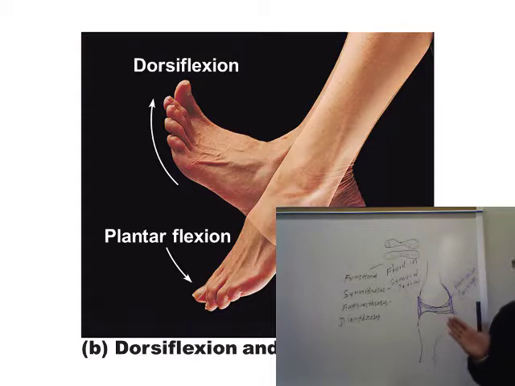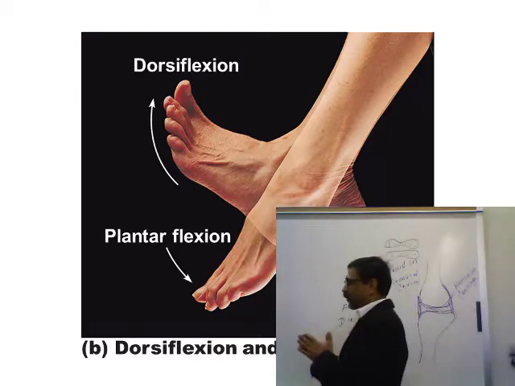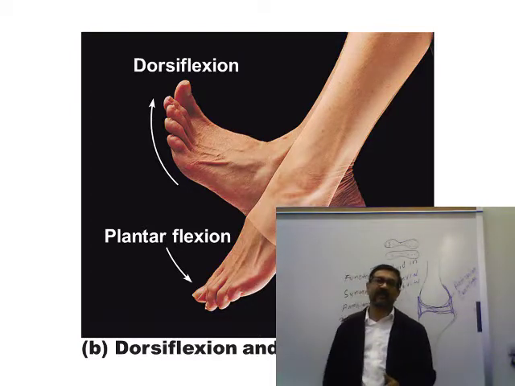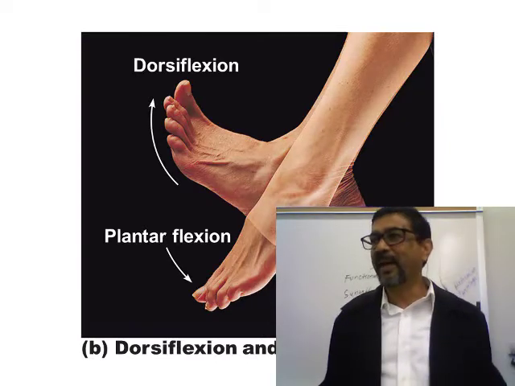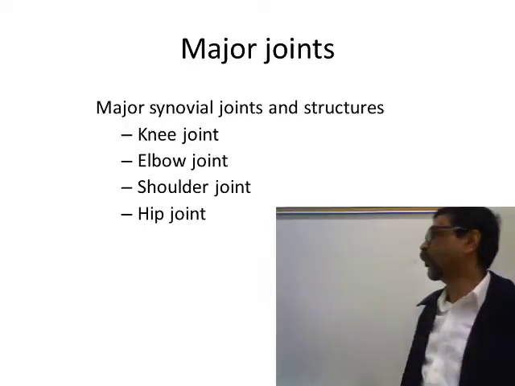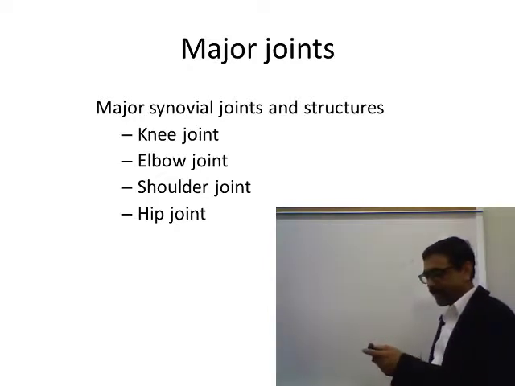Now, we'll just talk about a couple of large joints and see what structures are present. So you'll get some idea inside the large joints, what are the structures you're supposed to see. Largest synovial joints are knee joint, elbow joint, shoulder joint, hip joint.